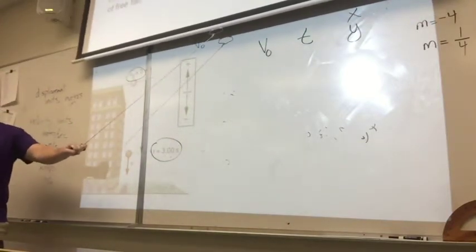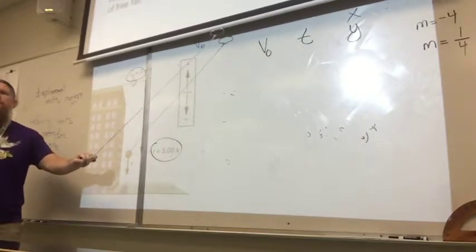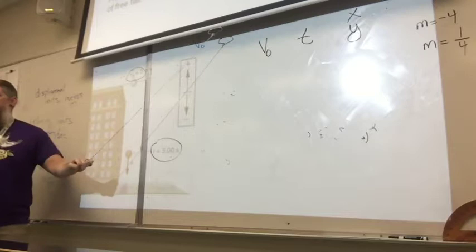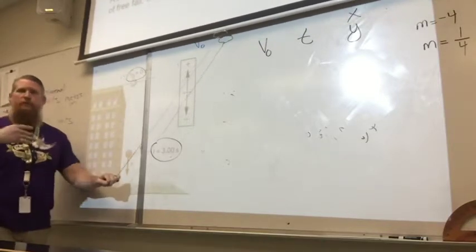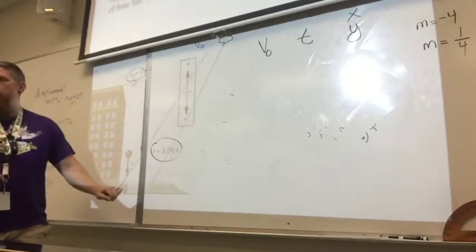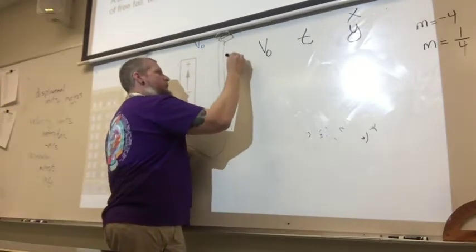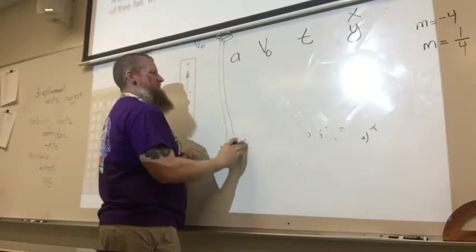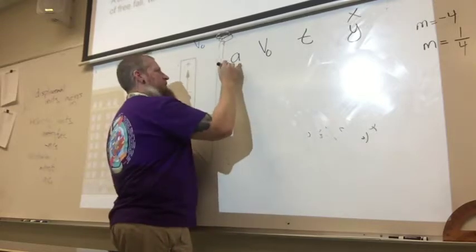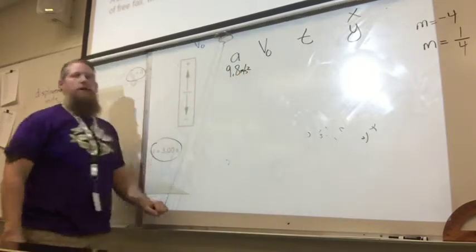Until you get used to it, a lot of people are going to say there are only 3 variables there, and that they can't do anything because you said you need 4 variables to pick an equation. This is where you have to remember that this thing has acceleration. Do you want me to do 9.8 or 10? 9.8. So this is 9.8 meters per second squared because it's gravity.